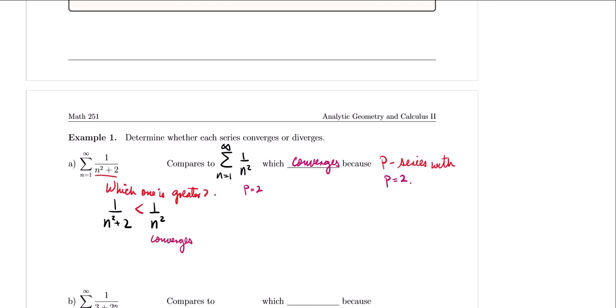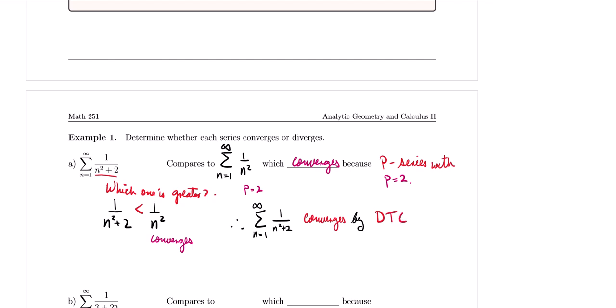So if the larger one converges, then we know that the smaller one will also be converging. So for our answer here, we can just say, therefore, the series as n goes from 1 to infinity of 1 over n squared plus 2 converges. Now it converges by the direct comparison test, which I'm just going to go ahead and abbreviate as DCT.